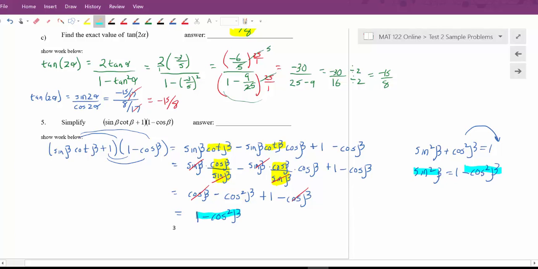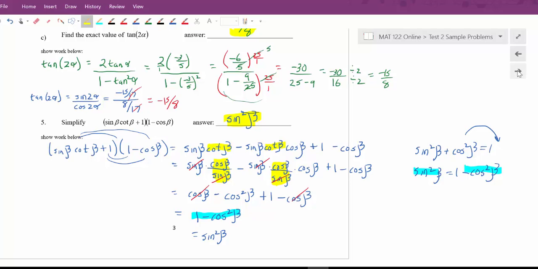All right, so that whole thing right there gets replaced with the answer to the problem, which would be sine squared beta. Okay, that is as simple as you can get that expression. You got it down to one trig function, so that's where you would end the problem. That's a pretty straightforward example of simplifying a trig expression.